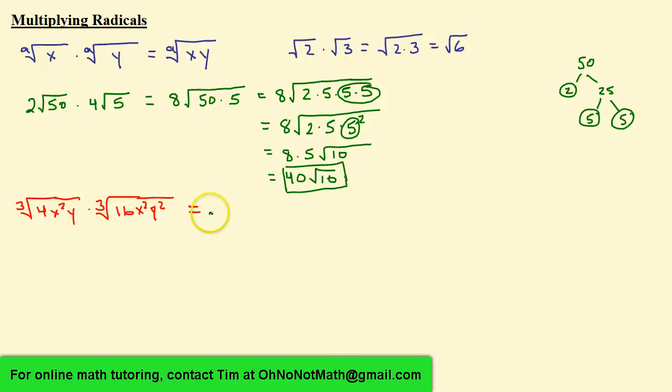That equals the cube root of 4 times 16, which is 64. Then I have x squared times x squared. y times y squared.